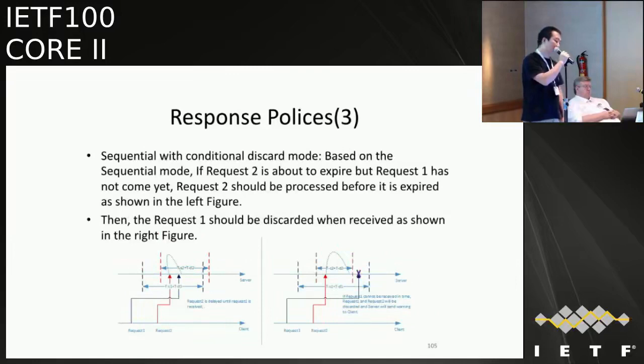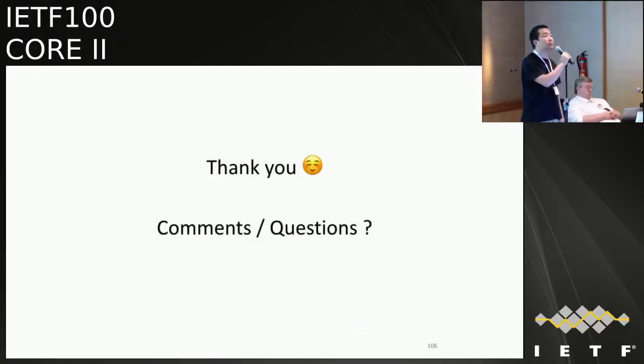And the third one is sequential with conditional discard. If request 2 is about to expire, but request 1 hasn't come yet, request 2 should be processed before it expires. And when request 1 comes later, it should be discarded in this situation. Yeah, thank you.